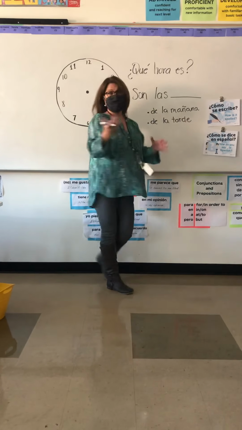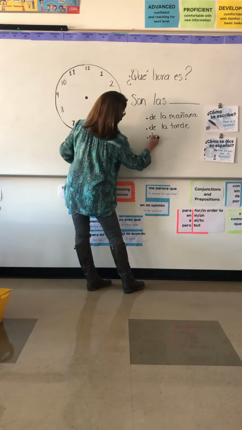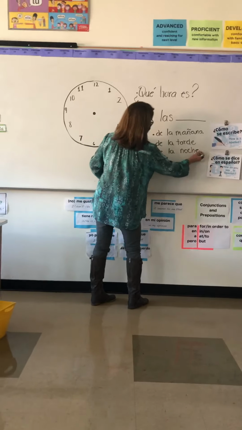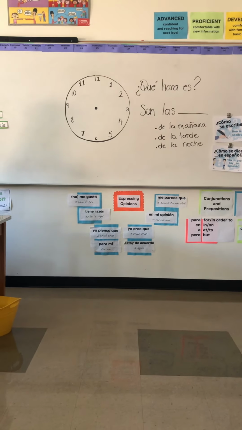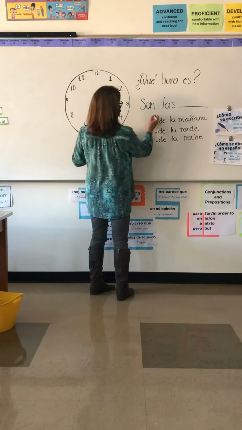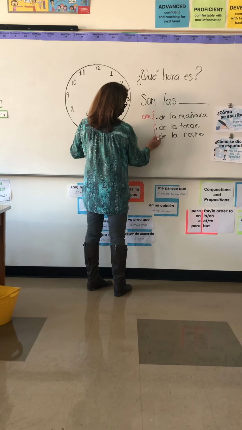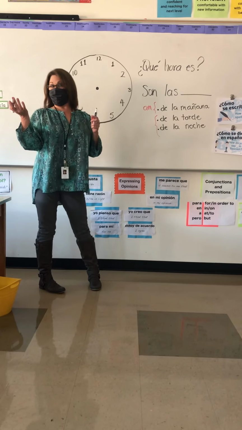De la tarde is usually till like 6 p.m. And then de la noche if it's night. So which one would be a.m.? De la mañana, exactly. So de la mañana would be a.m. And de la tarde or de la noche would be what? p.m.